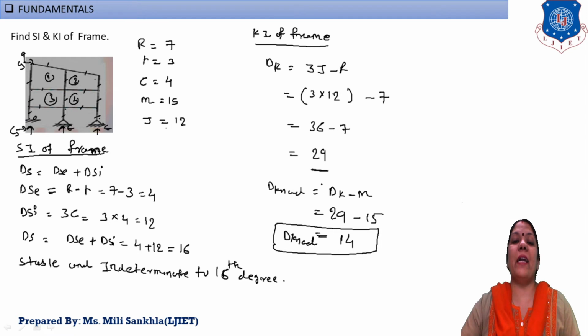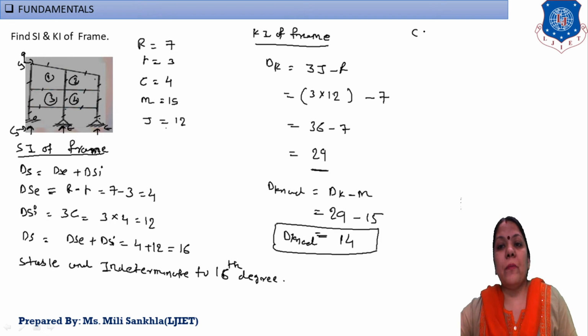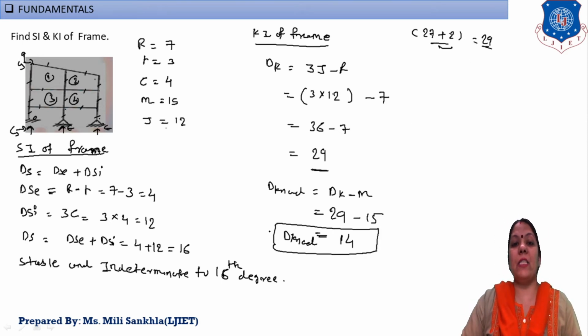Again I am repeating, 9 joints, 9 3s are 27, and hinge and hinge allowing for 2 moments. So 27 displacements of joint and 2 for our hinge supports, and total number of displacements dk is equal to 29.